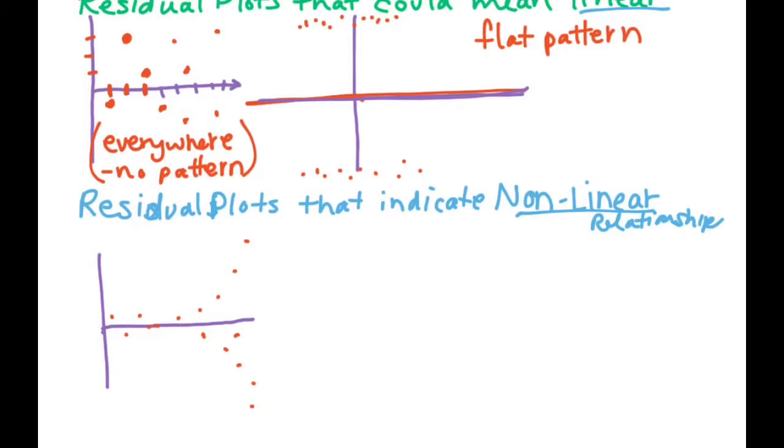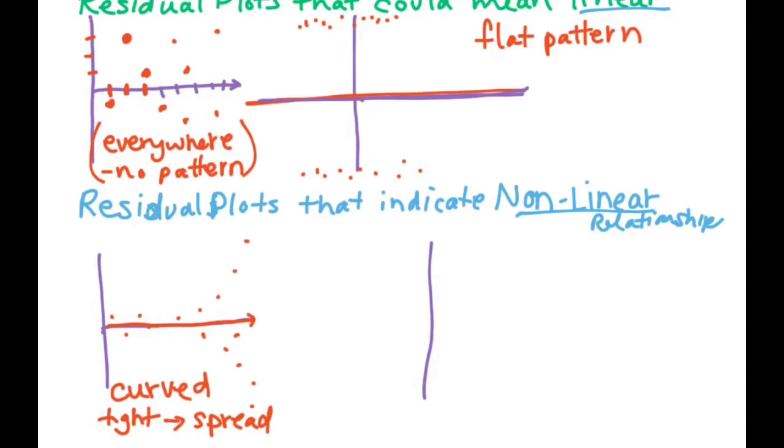The main thing that makes this nonlinear is that we can see there's a curve. And notice that when we go further out on the x-axis, it's tight at first, kind of close together, and then it spreads out. Those are not things that we want to see if we're looking for linear.